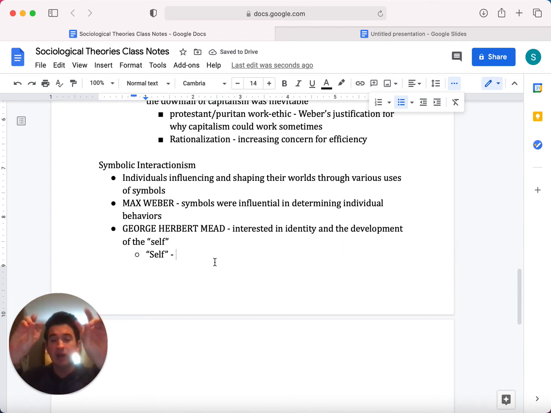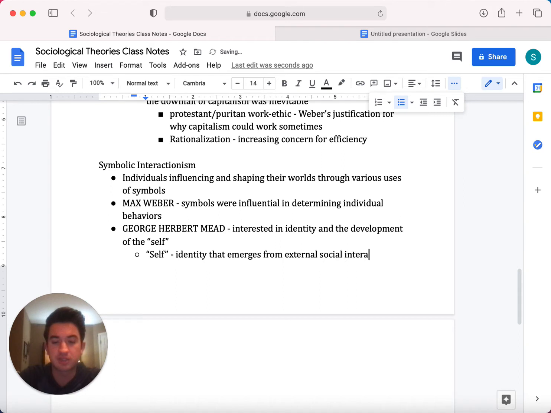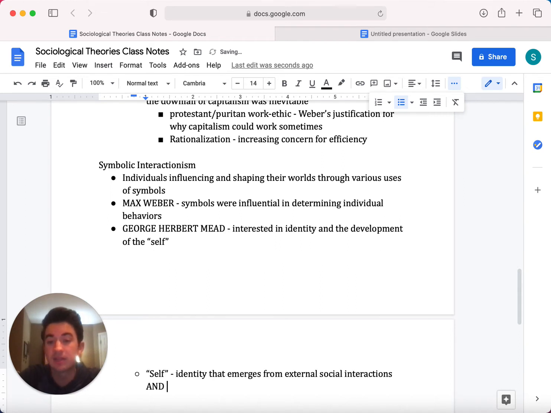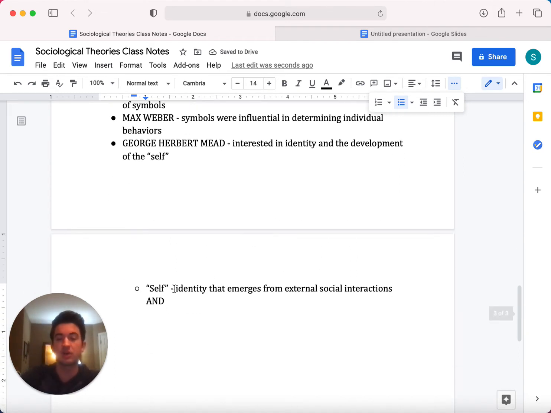So your self, according to Mead, was your identity that emerges from external social interactions, and I'm going to put "and" in all caps because it's important to know that the self comes from external social interactions and also from internal feelings.